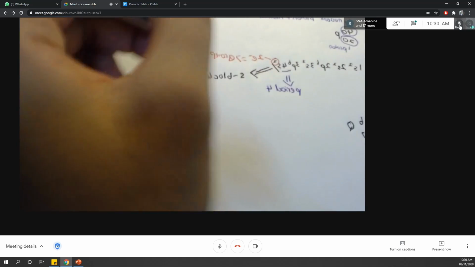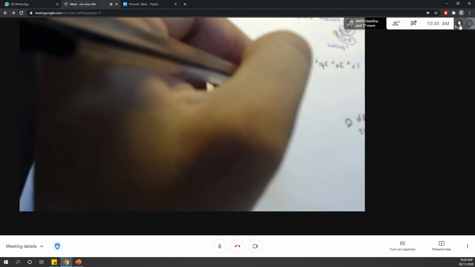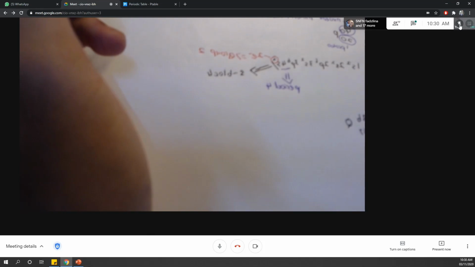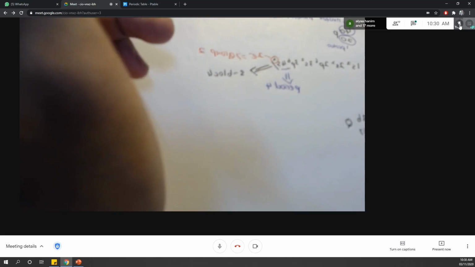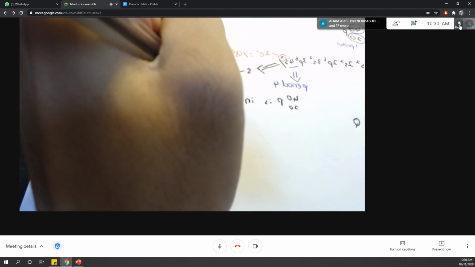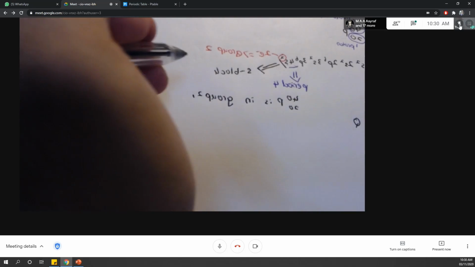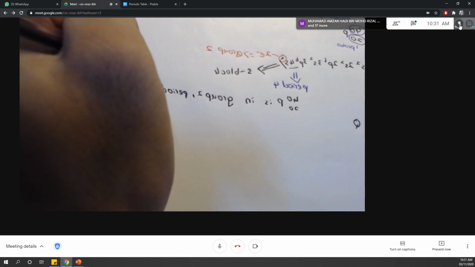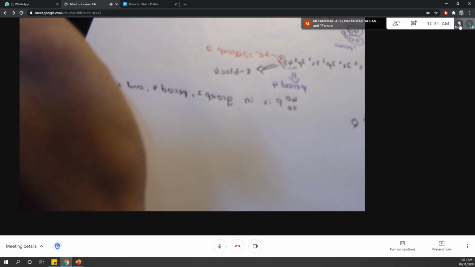Okay, now we'll do the same for 36Q37. Okay, in an exam, lepas awak buat macam ni, awak tulis balik. 40P20 is in group 2, period 4 and S block.